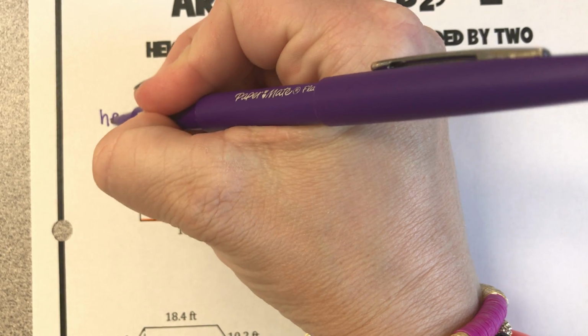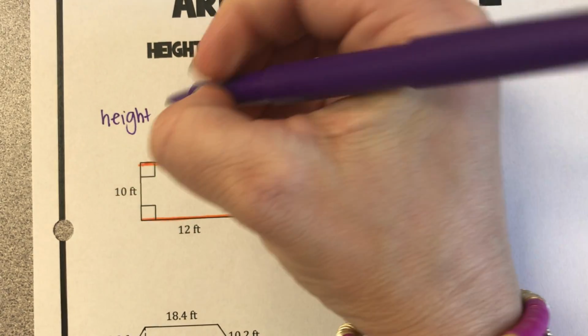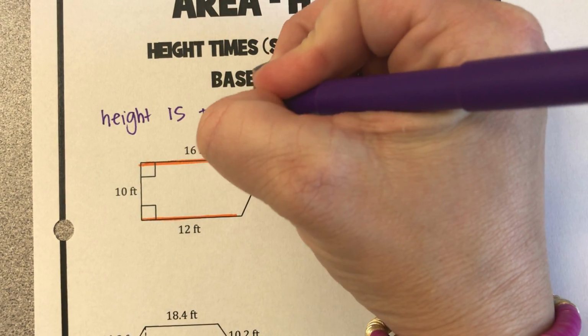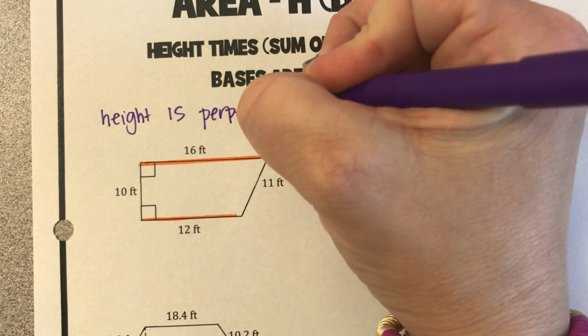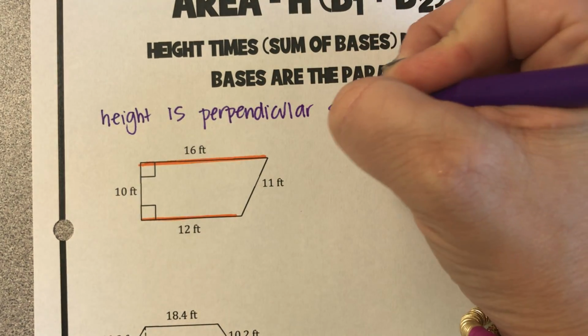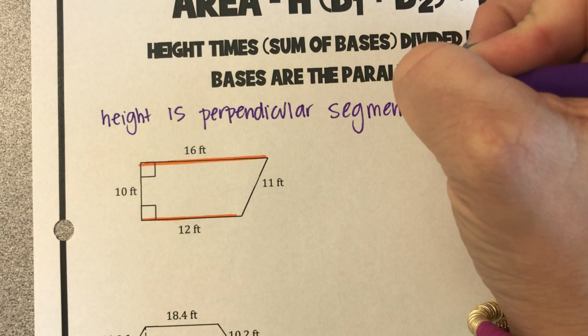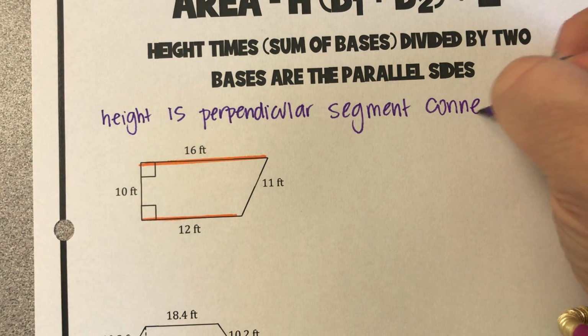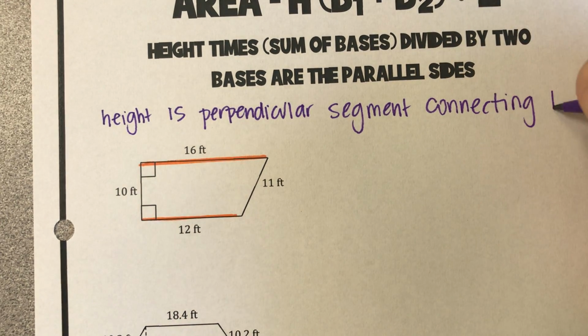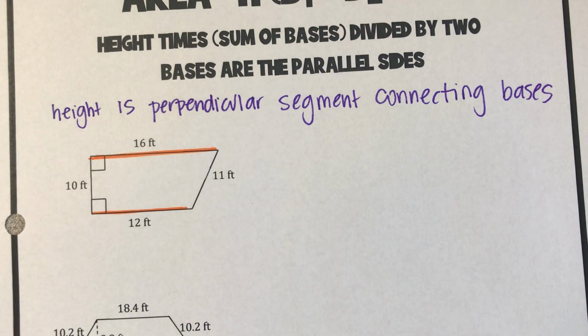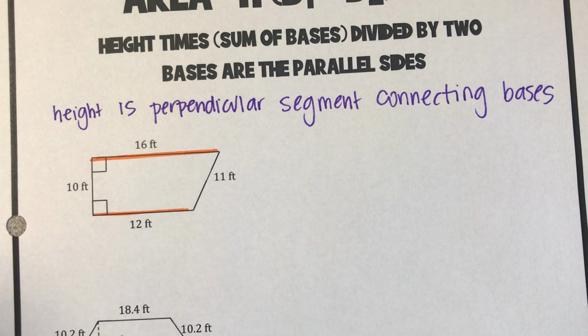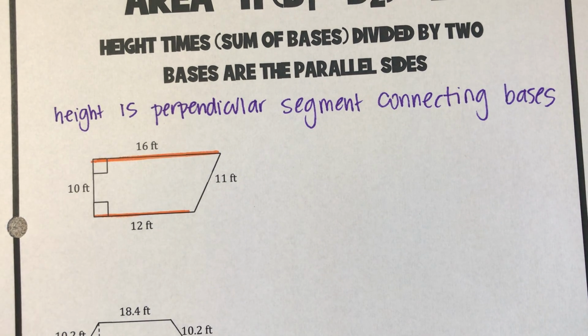Height is the perpendicular segment connecting the bases. Okay, so the perpendicular segment that connects the bases is the height. So if you need to pause it for a second and write that down, you can do that.